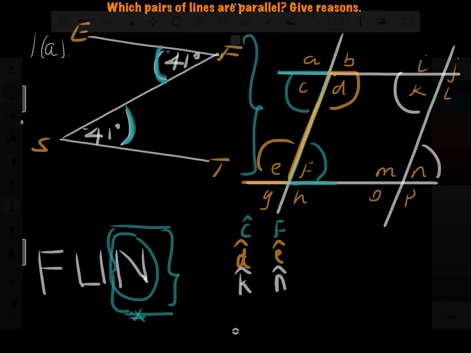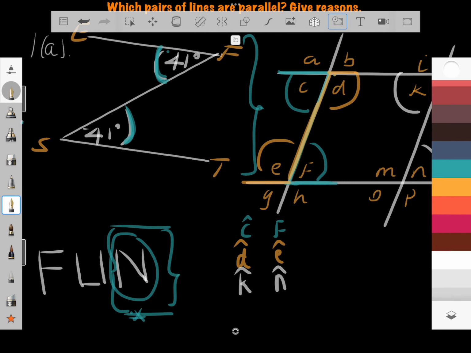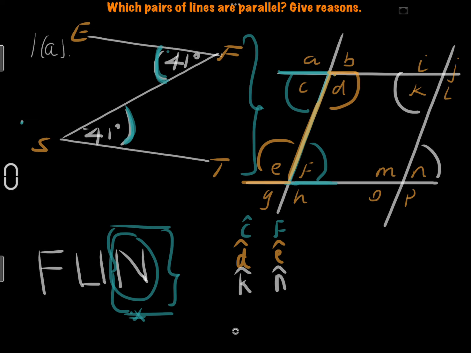One last set of angles which are alternate to one another. We use an orange color. We have this angle here and this angle here, angle L and angle M. So to summarize: angle C and angle F are alternate to one another.